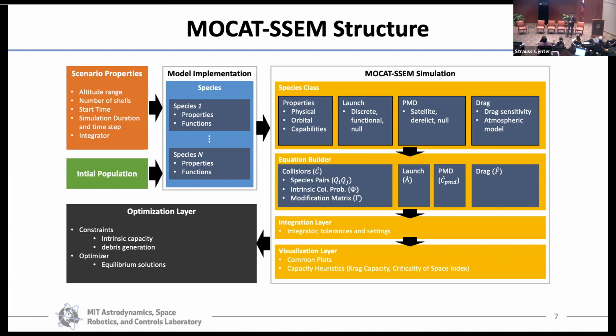We'll show you some examples here. And then hopefully, or we have used it for optimization to answer some key questions like what the equilibrium solutions for orbital capacity are, which really requires running this tool many, many times, which the Monte Carlo tool is not necessarily suited for. That kind of question and optimization layer is a very big portion of this tool that we're hoping to address.